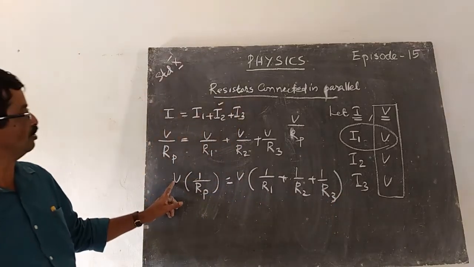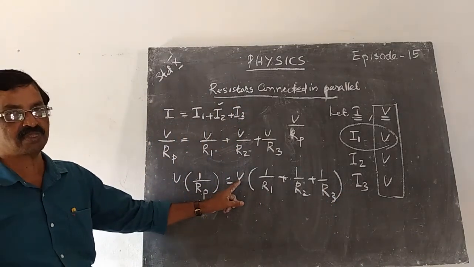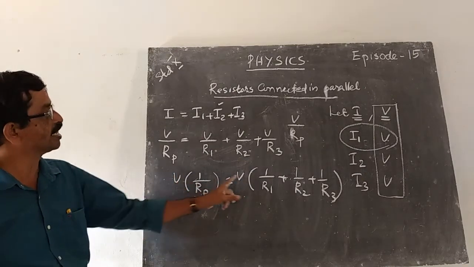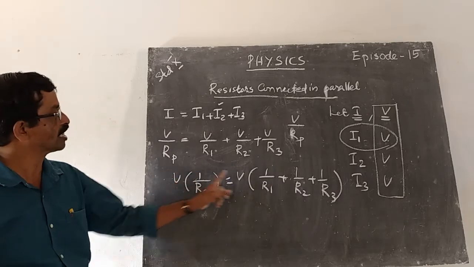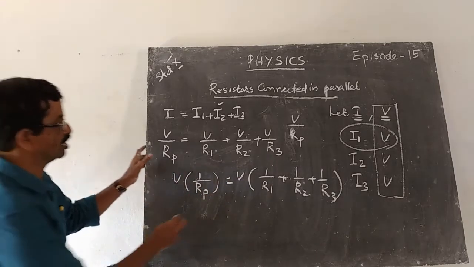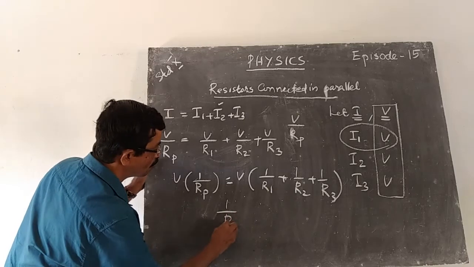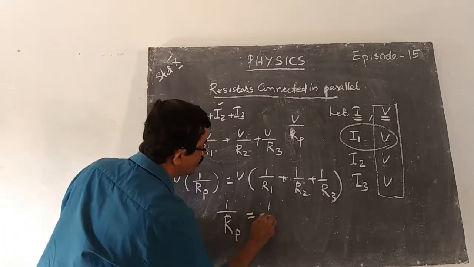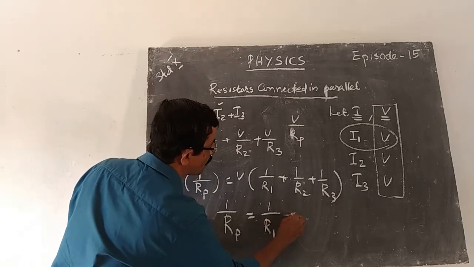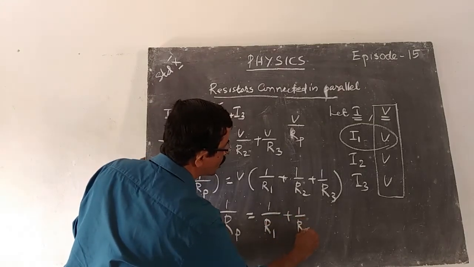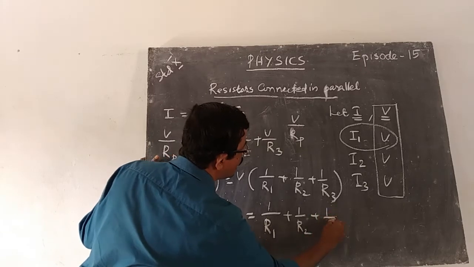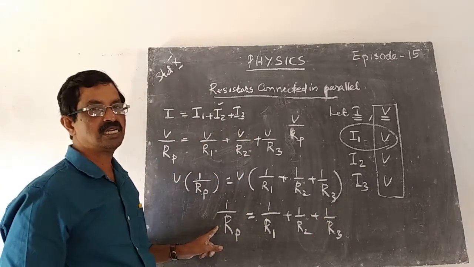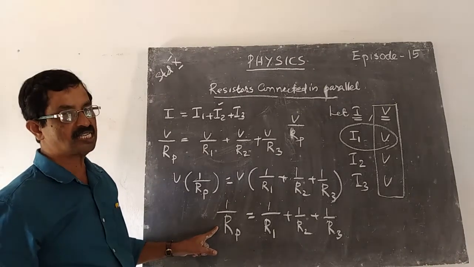Here V and here also V, so we can cancel them. So we get 1 by Rp is equal to 1 by R1 plus 1 by R2 plus 1 by R3. Here Rp is the total resistance.